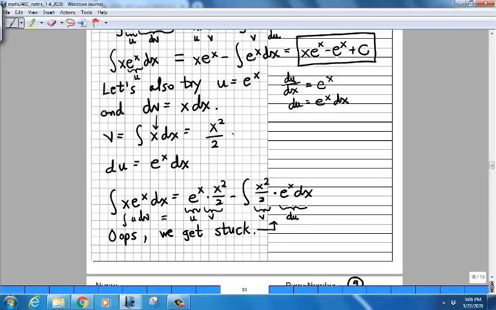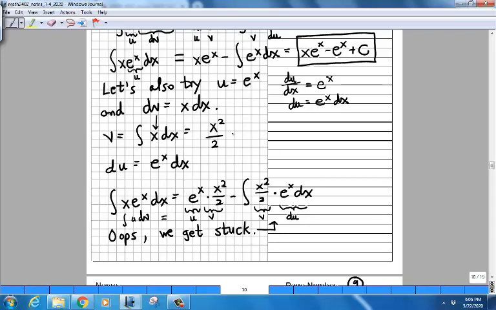But remember, du is e to the x dx, because du/dx was e to the x, so multiplying both sides by dx, du is e to the x times dx. So we can fill in the formula: u dv is uv minus the antiderivative of v du.